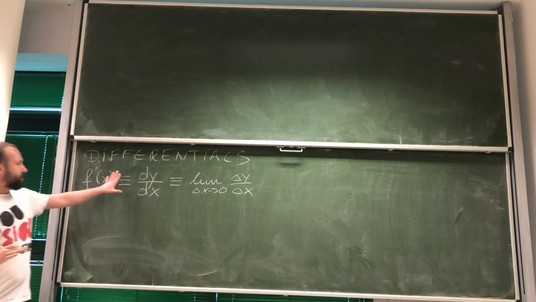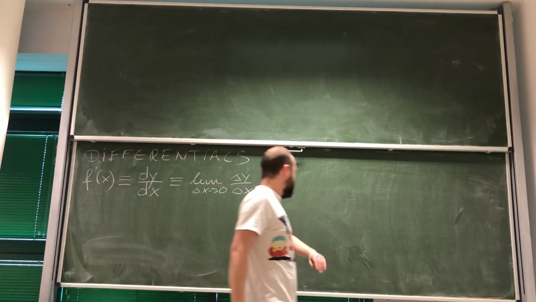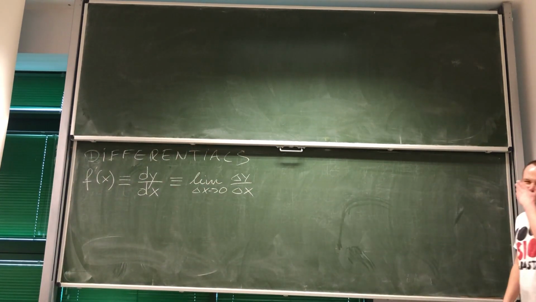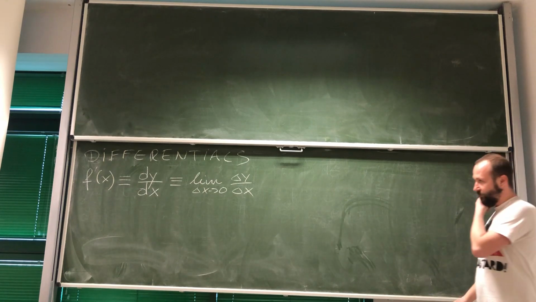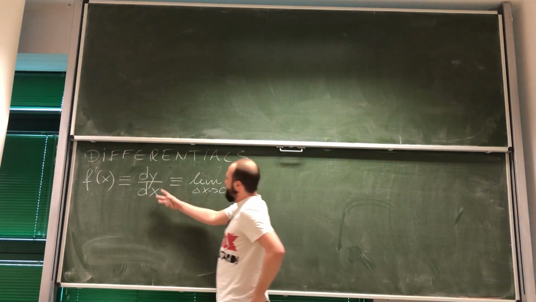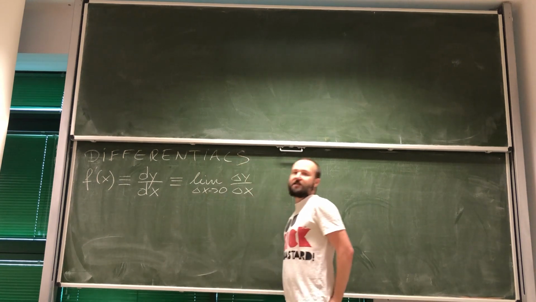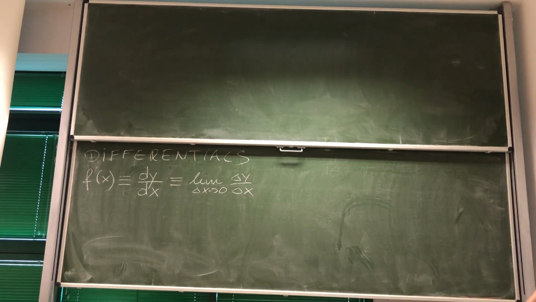Okay, so this is the definition of the derivative that we've used many times. I hope you remember that this notation is the most appropriate when we talk about differentials. But let's start with something different.